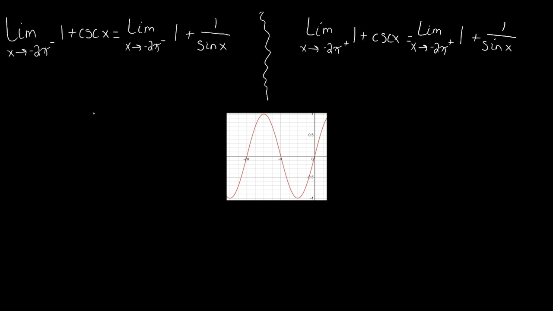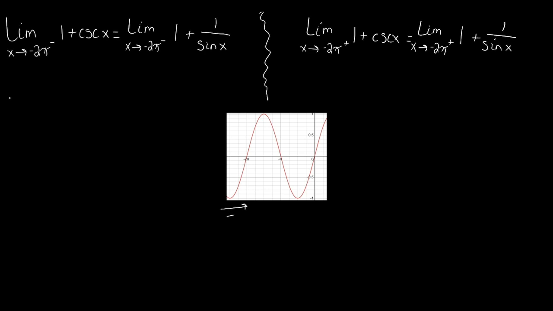But let's first take a look at the behavior of our function as we approach -2 pi from the left. So we're coming towards -2 pi in this direction, from the left here. We see that as we get closer and closer to -2 pi, the values of sine of x are going to stay negative, but they're going to get closer and closer to 0.